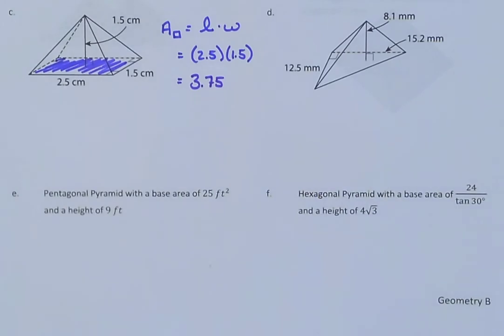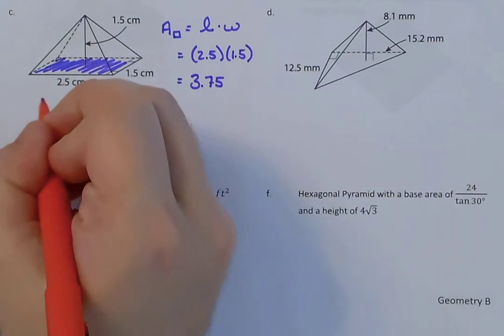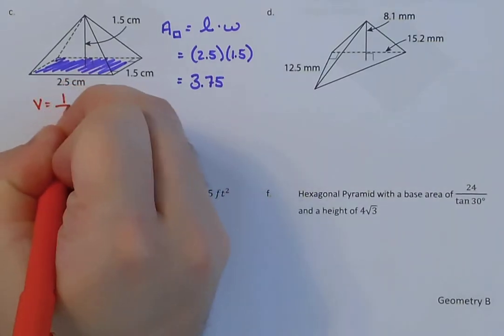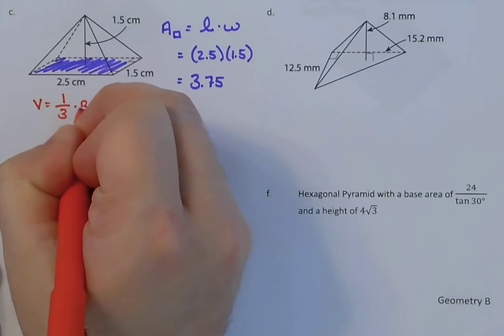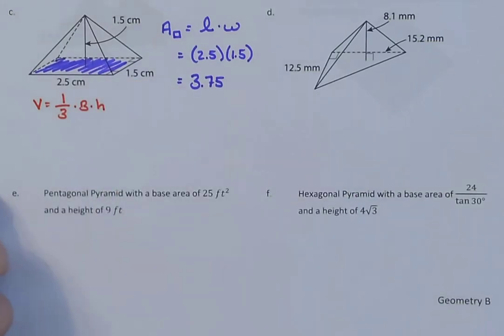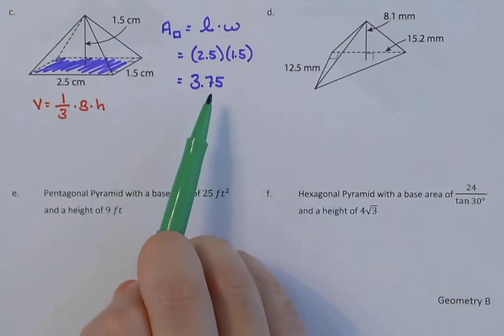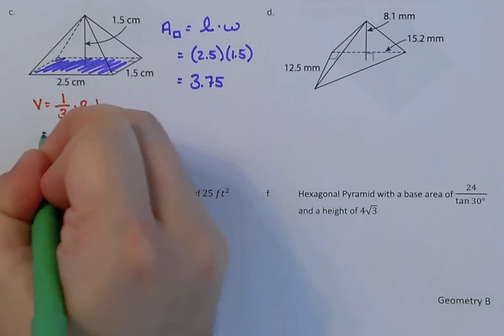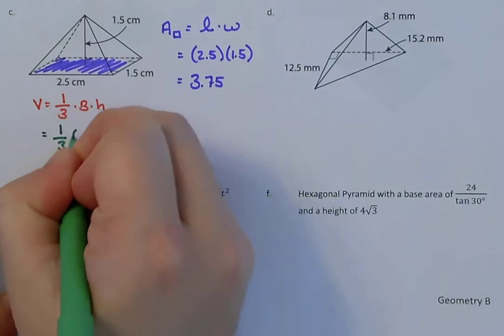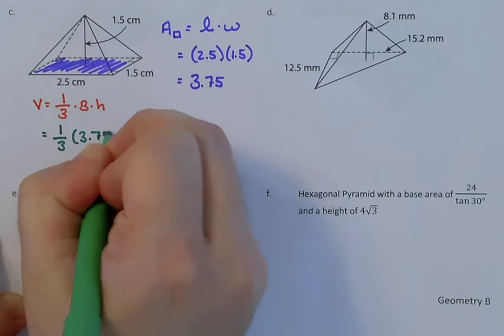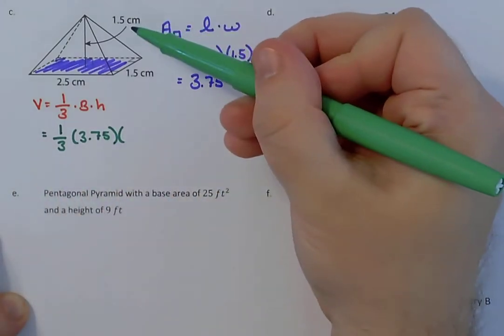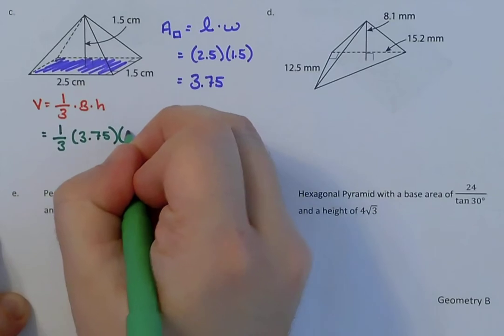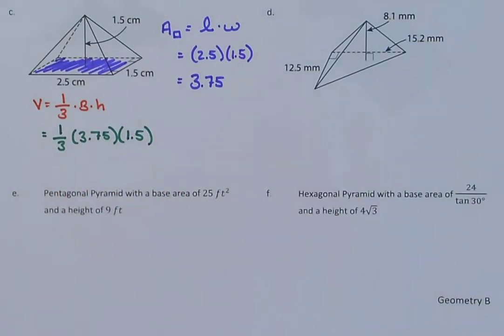All right, so now that we have the area of the base, we can then go through and use the volume formula, which is 1/3 times the area of the base times the height of the pyramid. So we now know the area of the base is 3.75. So it's 1/3 times 3.75. And then the height of the pyramid is 1.5 centimeters. So end it with times 1.5.